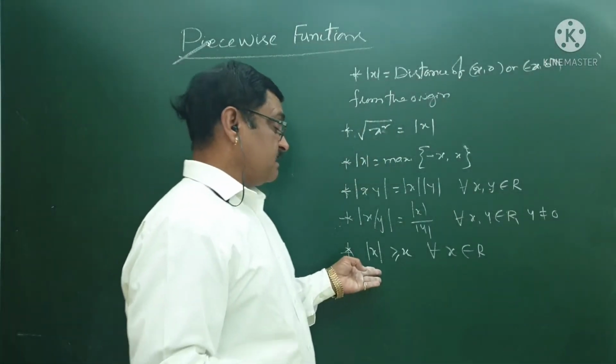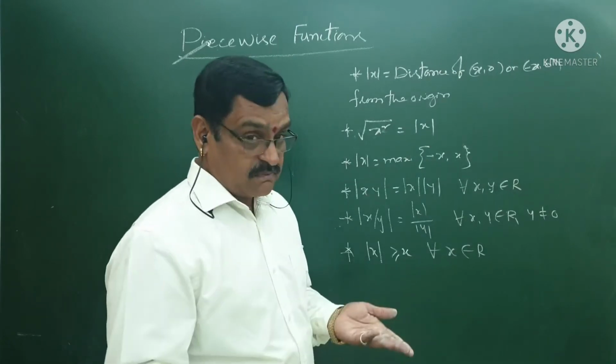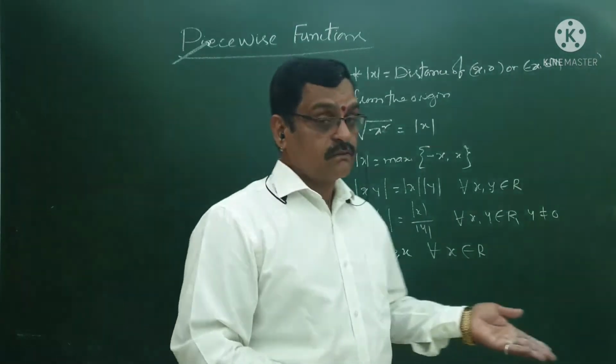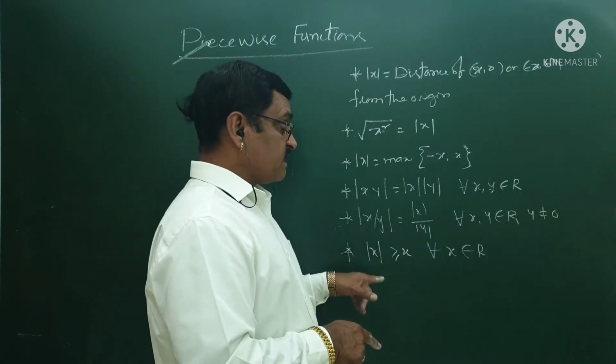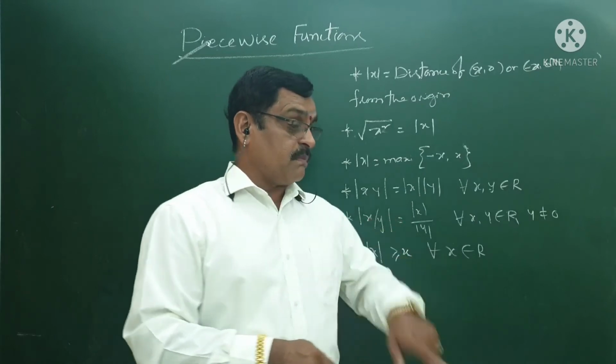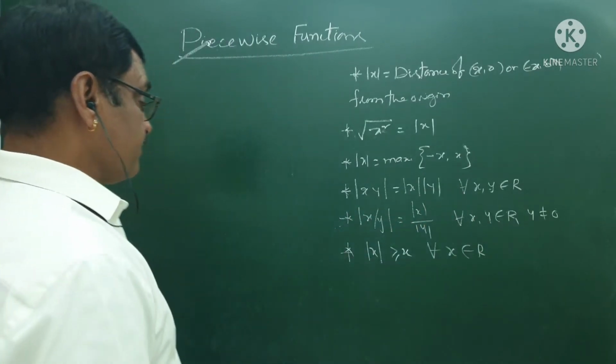Why? Because if x is a positive number, mod of a positive number is the same number, and of course the same number is more than or equal to that number. Next, if x is a negative number, mod x will be positive, and the positive value is always more than or equal to x.